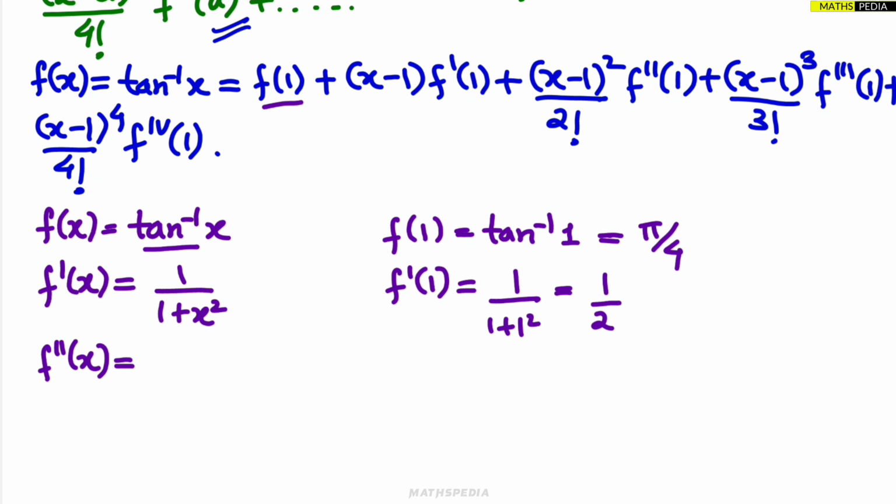Now here the thing is, that's why I said it is quite an important question, because here we are going to learn one new thing. If you observe, if you want to differentiate this particular thing, you can go for the u by v rule, that is nothing but the quotient rule, and get the value. But after that, if you go for the third derivative, again it will get complicated.